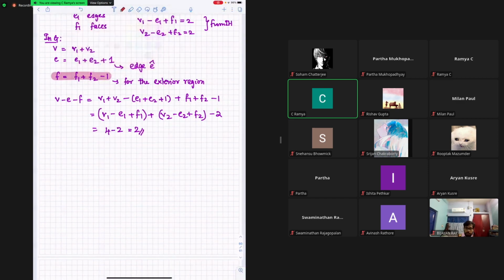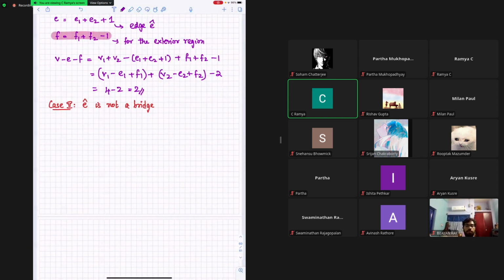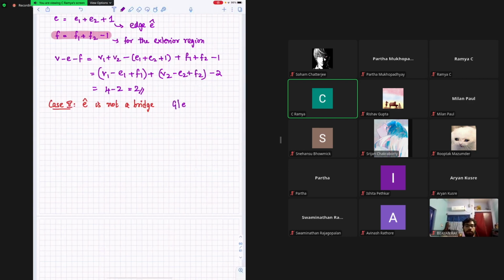So case 2: E tilde is not a bridge. What does it mean? It means that even if you remove E tilde from the graph, it still remains connected. There's only one connected component. So G minus E tilde.